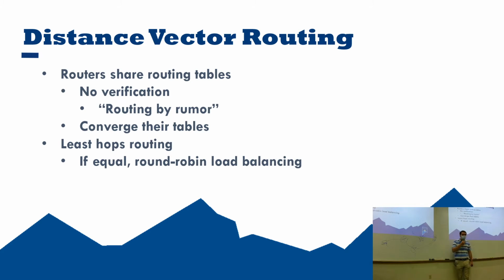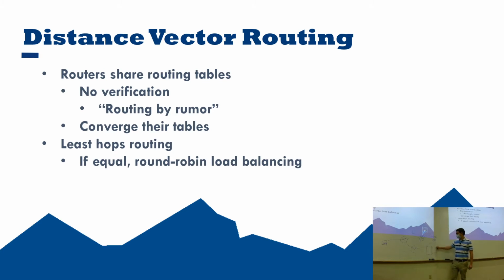Does that make sense? Because imagine if someone were nefarious, they want to plug in something just to mess with you. Maybe they don't like you. Maybe they don't like your company. And then basically what happens is, instead of just looking at neighboring routers like some of the other protocols, they're actually going to converge their tables to each have the same table.